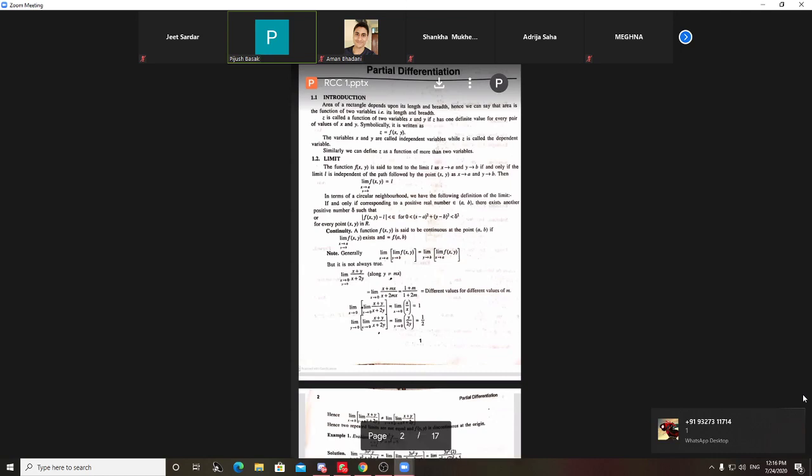And in the alternate definition, you can see this in the picture, the limit of the function f(x,y) tends to L whenever |f(x,y) minus L| is less than a certain small quantity, as in the two-dimensional case.